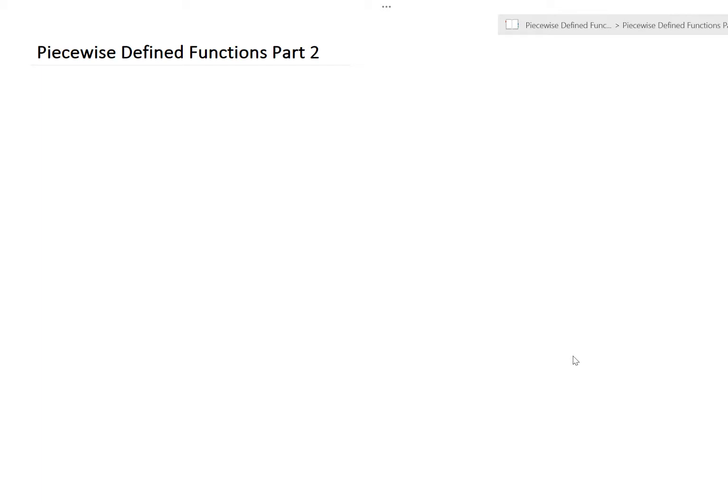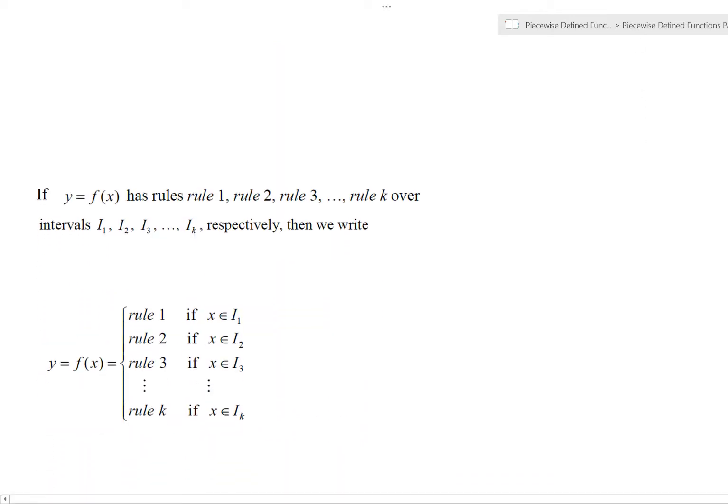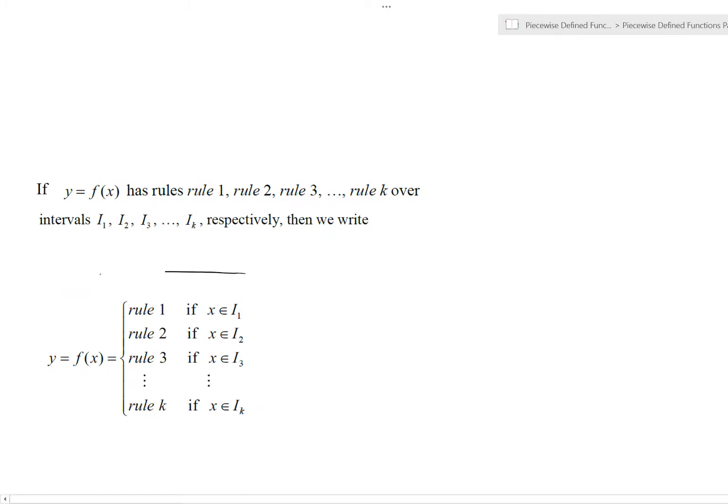We're going to look at an application and also extracting the formula of one of these things from its graph. To begin with, just remember, a piecewise defined function is a function that looks like this strange looking thing right here.